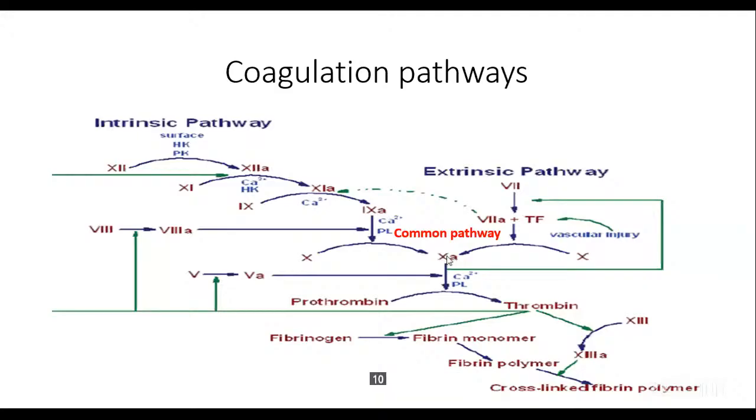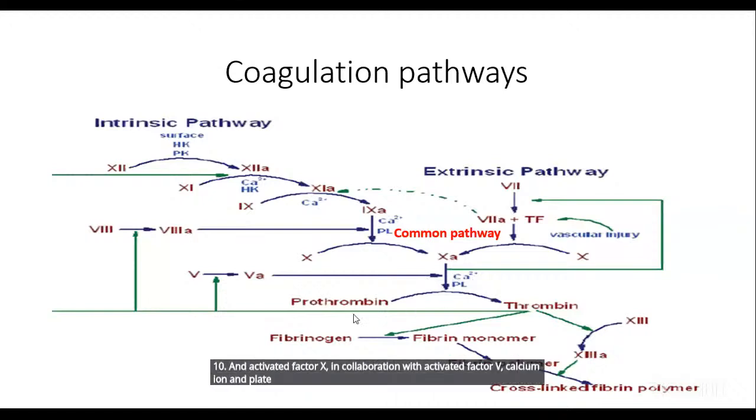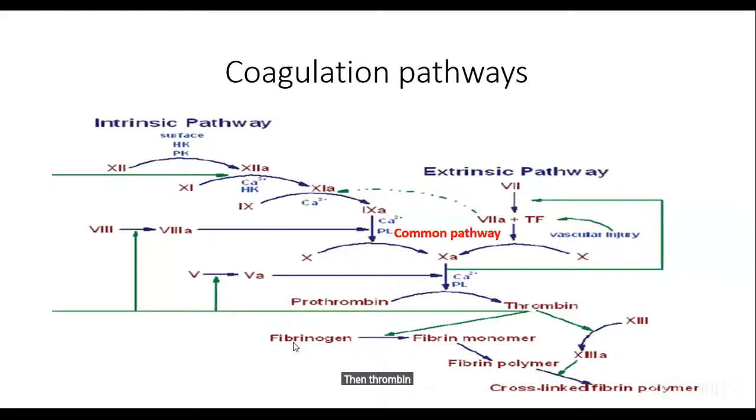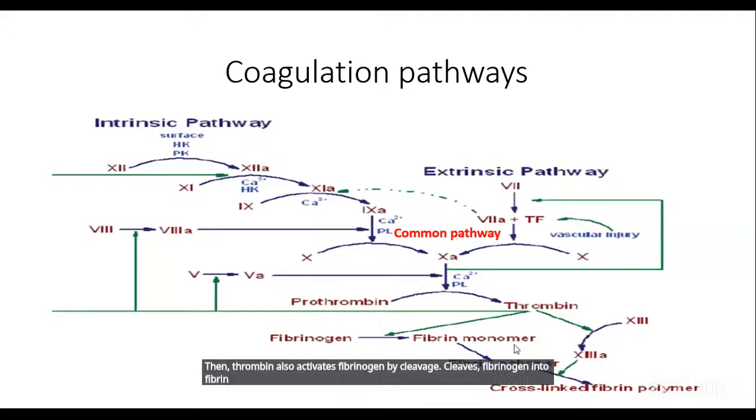And activated factor 10, in collaboration with activated factor 5, calcium ion, and platelet factor, activates prothrombin to thrombin. Then thrombin activates fibrinogen, factor 5, factor 8, and factor 13. Thrombin cleaves fibrinogen into fibrin monomer.